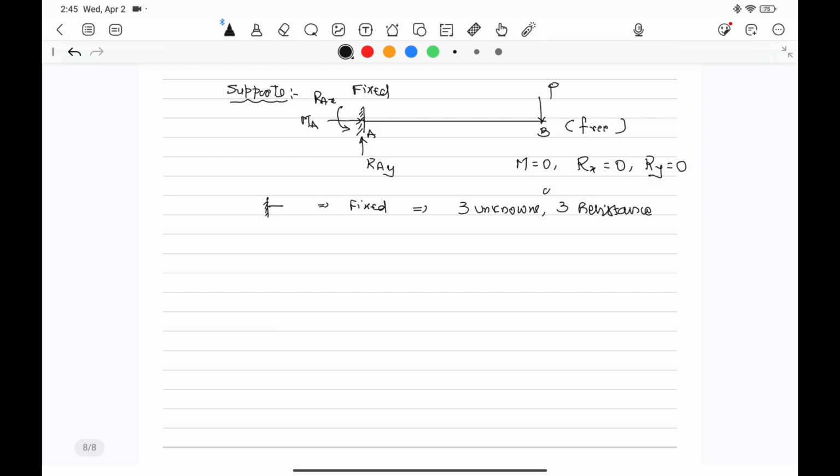Resistance towards vertical motion, upward or downward, that is the reaction RAY. Reaction towards the horizontal direction, this way or this way, that is RAX. Reaction towards rotation, that is the moment M. These are the 3 reactions for a fixed end.